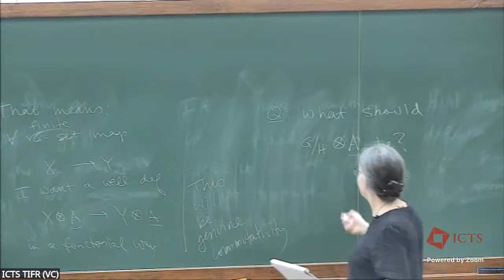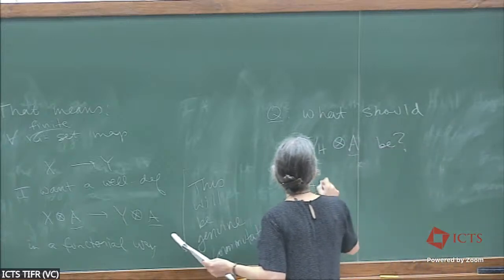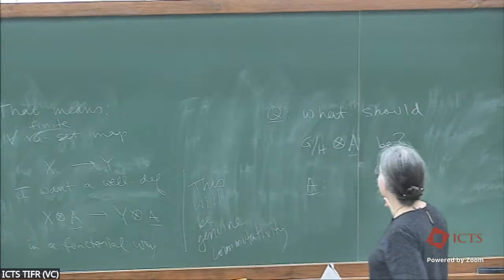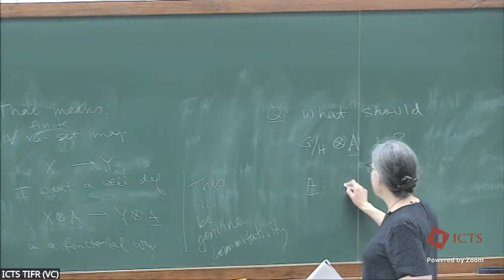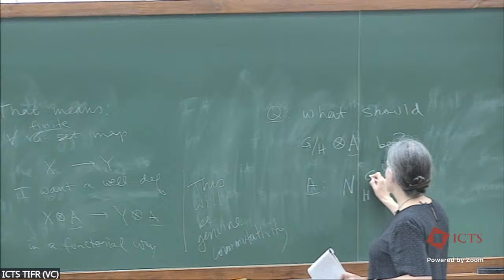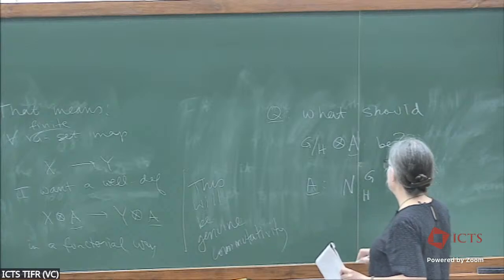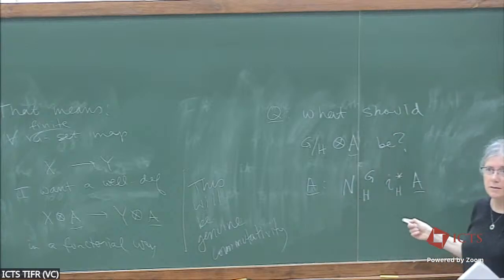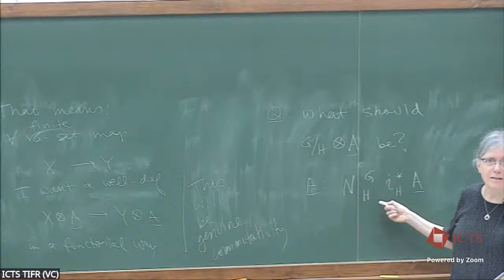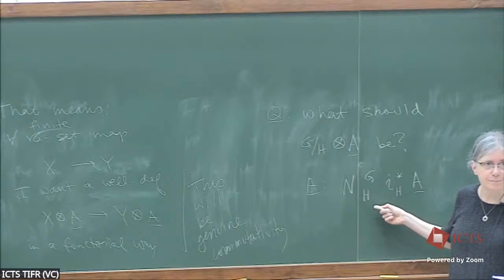So the answer, I was trying to motivate it, I hope I succeeded. The answer is I take N_H^G of i_H^* of A. Hope I motivated it. Anyway, this is the definition.